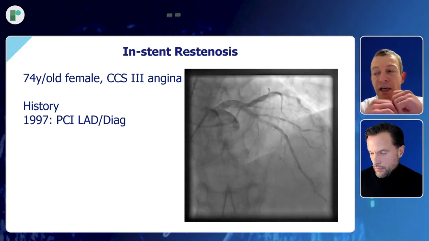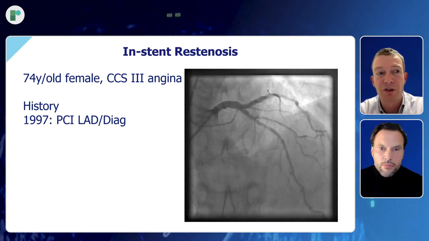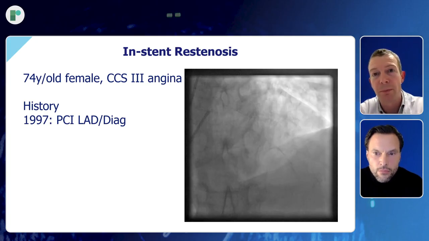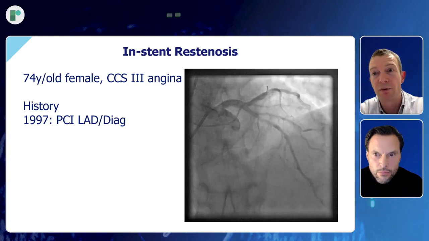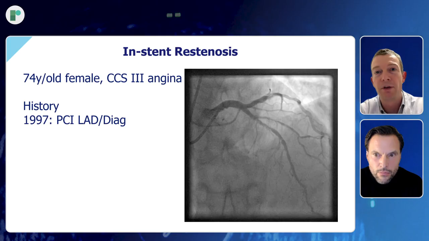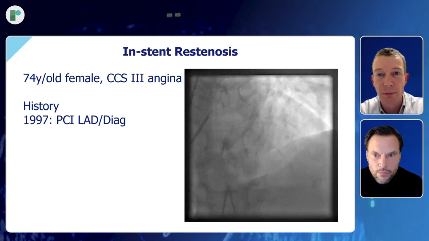Is it because there is a massive amount of neointimal hyperplasia? Is it all soft tissue? Is it calcium? Or is it because the initial stent was not properly implanted, meaning it was underexpanded? Then obviously the treatment is different as compared to when the initial stent was properly expanded and now there's a lot of soft tissue obstructing the lumen.